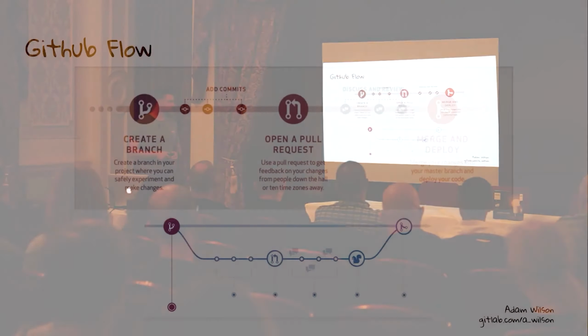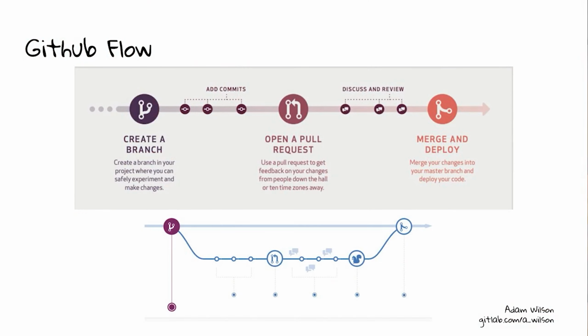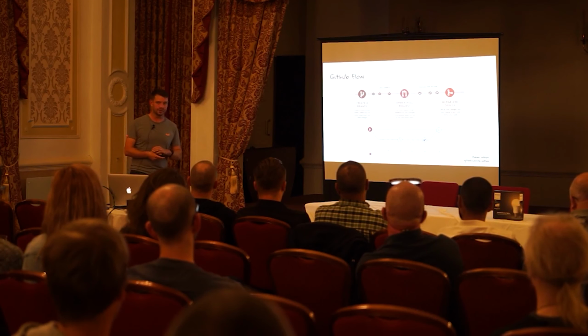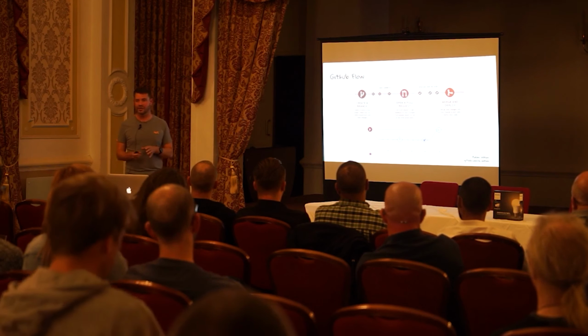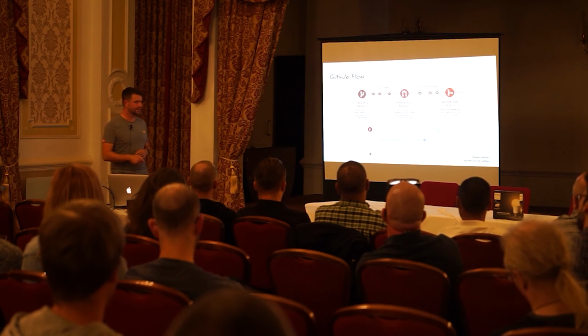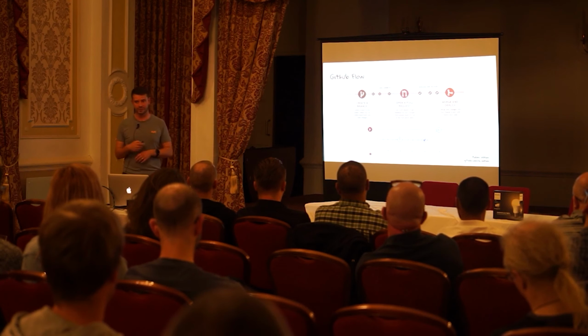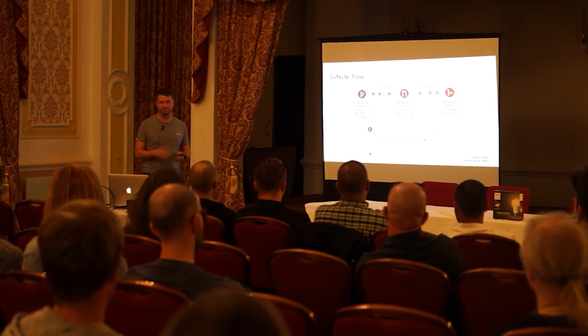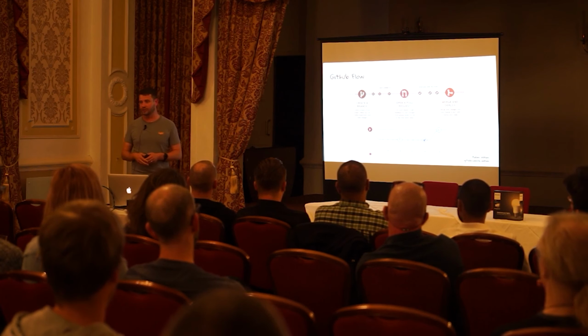But this is probably the one I'd suggest is a smart move, especially for teams. Most of the time that I've come into this, it's been with operations teams who tend not to be used to Git as a concept, who are quite new to it. And I've found that this is a really easy branching strategy to get around. So when you create a new repo, you'll get a default branch, most often called master.